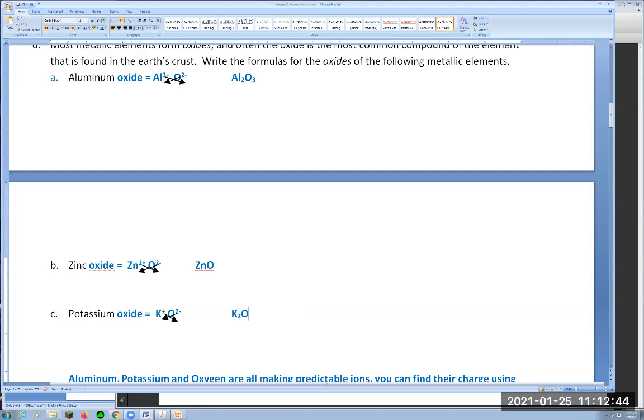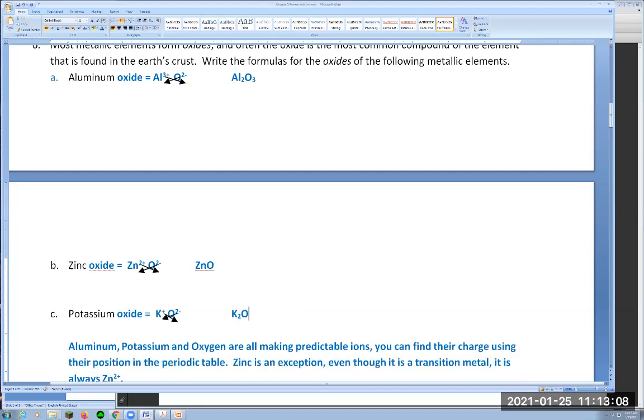So then the formula is K2O. And you see that indeed you need 1 oxygen ion with 2 negative charges and 2 potassium ions, each with 1 positive charge, so that those 2 potassium ions cancel the 2 negative charges on the oxygen.